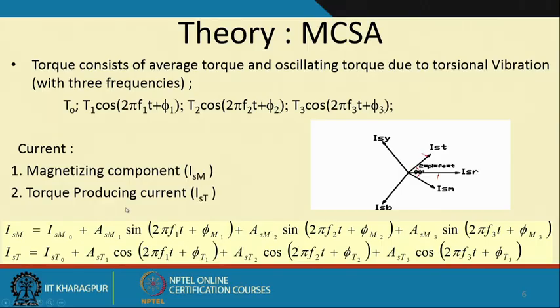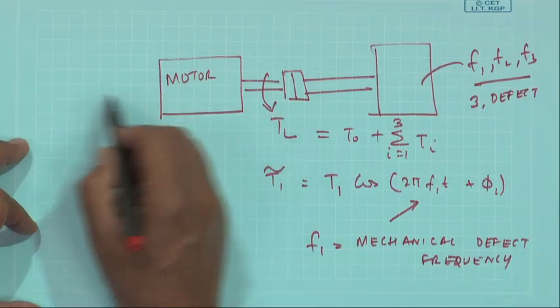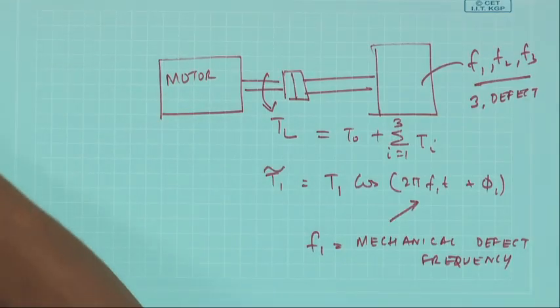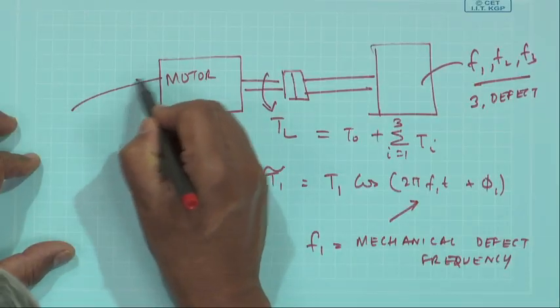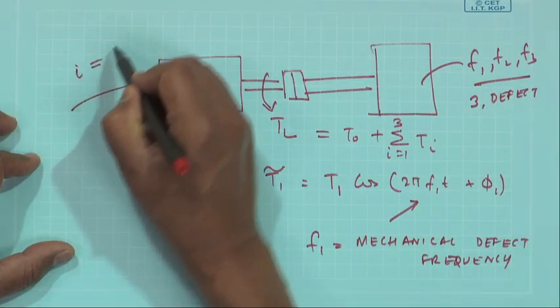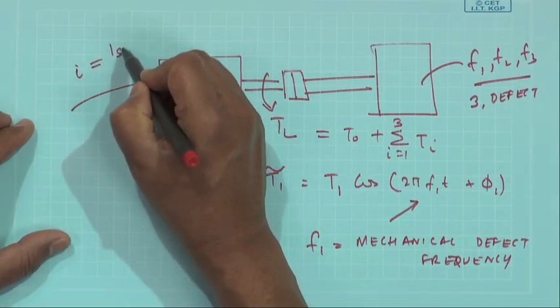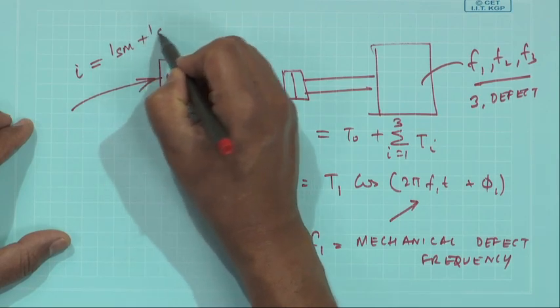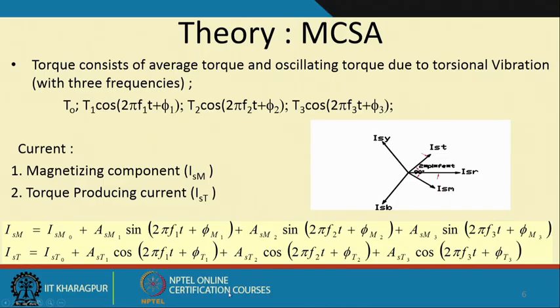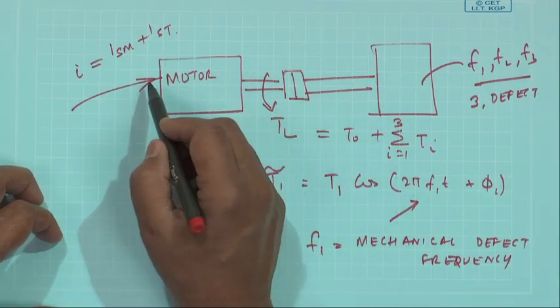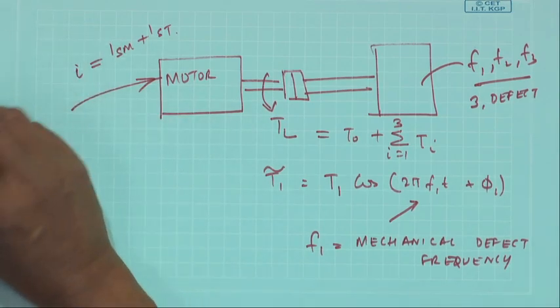Now, the current drawn by this motor essentially has 2 components. One is the magnetizing component, another is the torque producing component, because the current drawn by this motor will be in a particular phase, magnetic plus torque. So, they will all get modulated.